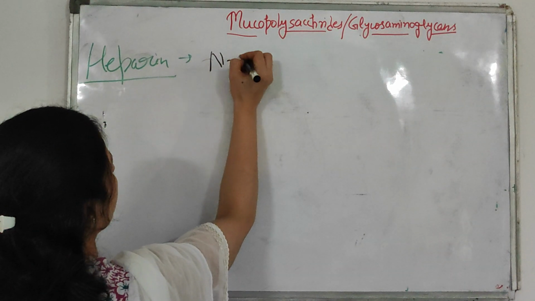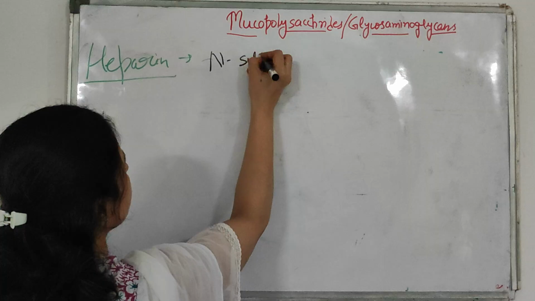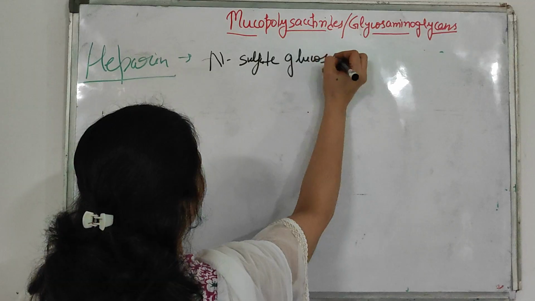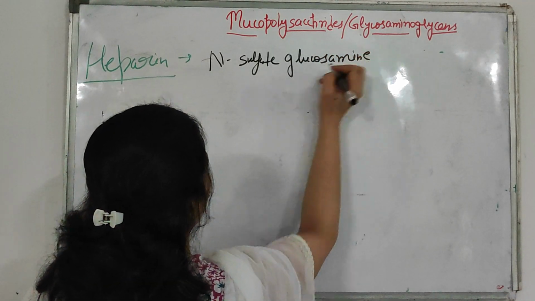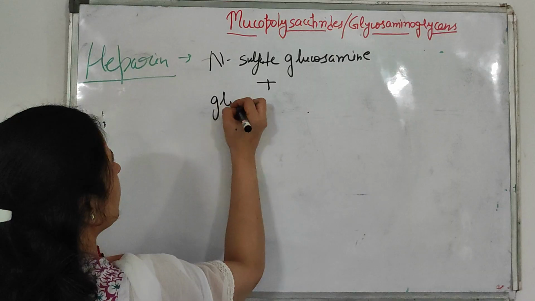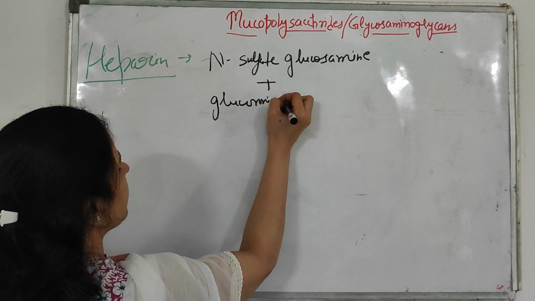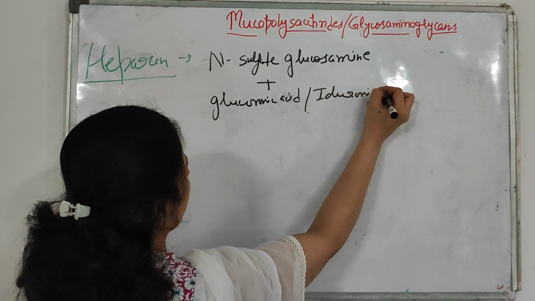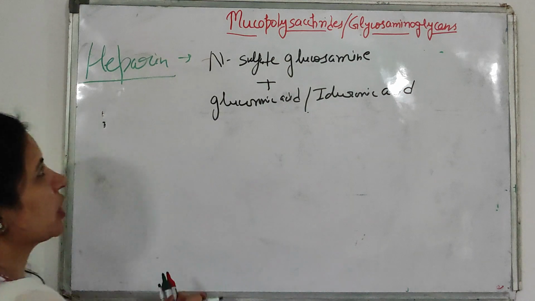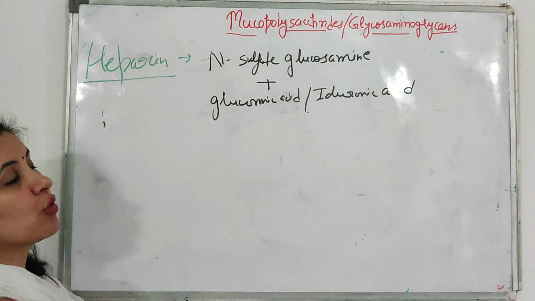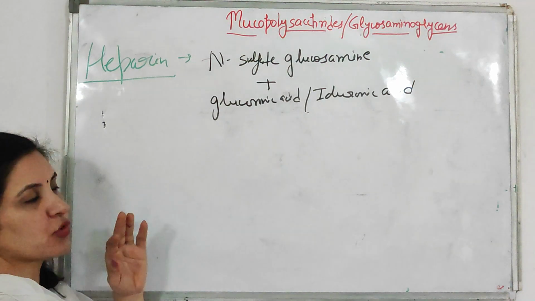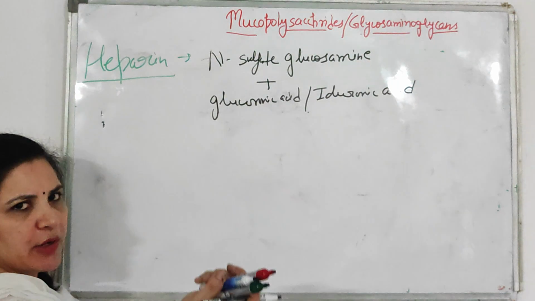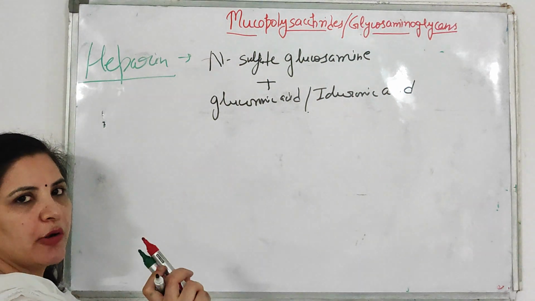It is made up of N-sulfate glucosamine plus glucuronic acid or iduronic acid. So the composition of heparin is that the glucosamine in heparin is in sulfated form. So you will write N-sulfate glucosamine, and the uronic acid may be either glucuronic acid or iduronic acid.